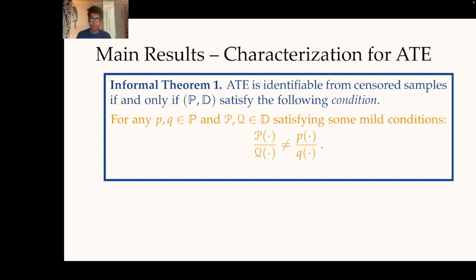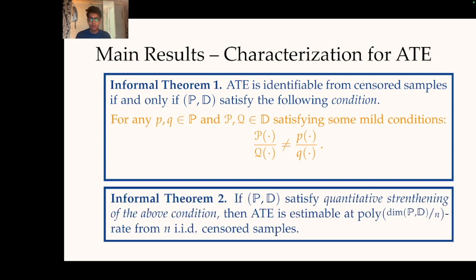So this is an identification result which allows one to use infinitely many samples, but under a quantitative strength we can achieve estimation results for the average treatment effect from finitely many samples. And here the estimation error scales polynomially with the number of samples and with some dimension of classes P and D.